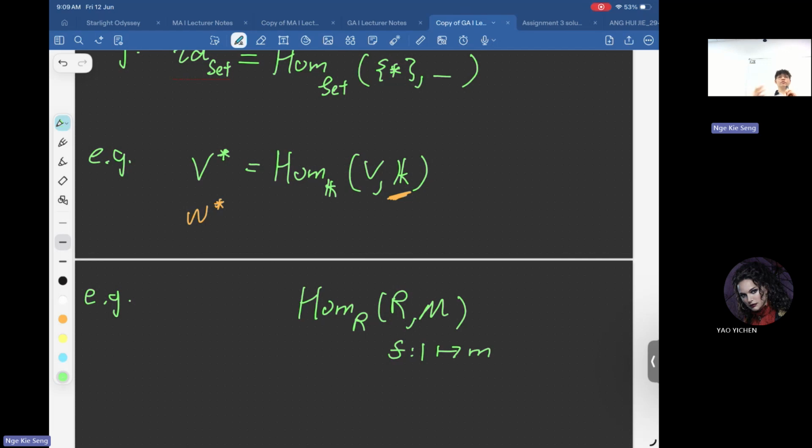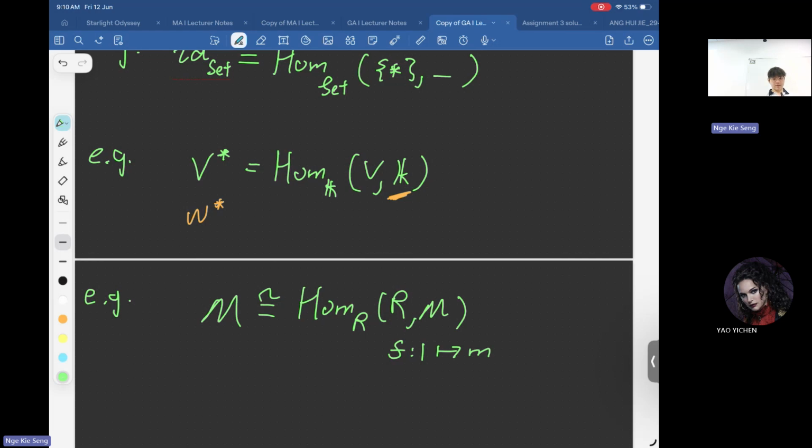If you know where you send the one to, then you know how the function gets defined, because it's a module. This means that every function here can be read out as an element in your M. So what's the functor you can write down here?